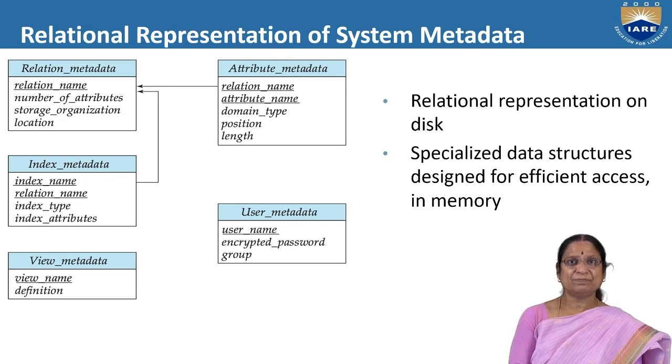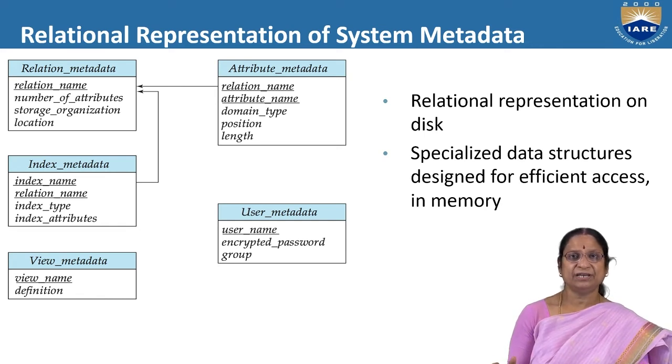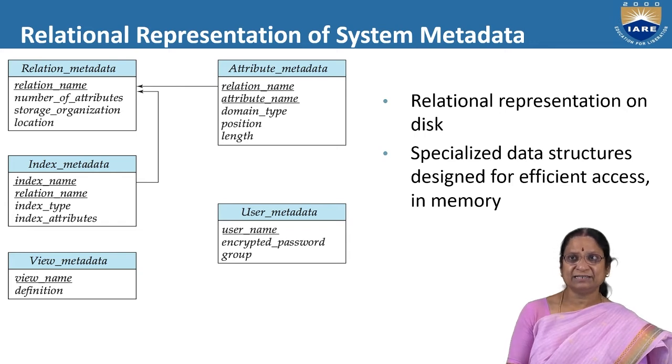This data dictionary is also represented using a relational approach. That is, each area of the data dictionary is represented as a relation. That relational representation of metadata will be on the disk, and not only relational representation, specialized structures are suggested by various researchers, and those data structures are used to design our data dictionary so that efficient access of the respective data can be achieved.